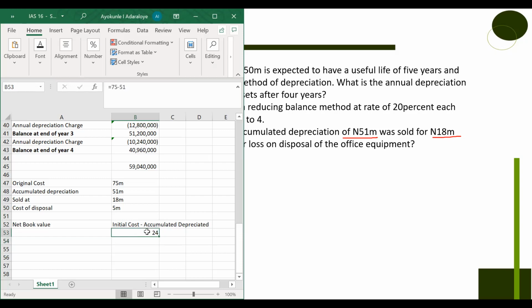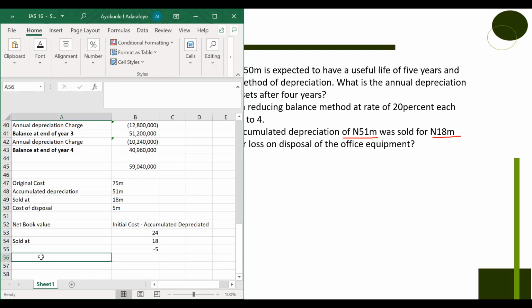This asset is worth 24 million. How much did we now sell it? We sold it at 18 million. And we incurred how much as cost? Cost of selling it is 5 million. Are we not going to remove the 5 million from it? We are going to remove it.